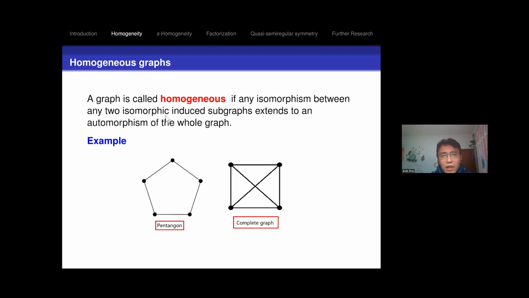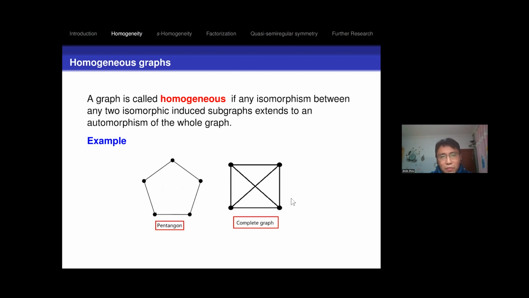Here are two examples. This graph you can easily prove is homogeneous, and also every complete graph is homogeneous.